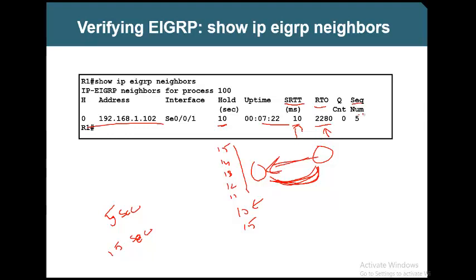These are the sequence number and count, not necessary. What is more important here is the hold time. I always come here and verify whether the hold time is 10 or in between 10 to 15. If it goes less than that, then it is not getting a hello packet, and the neighbor will disappear. This is one of the verification commands: show ip eigrp neighbor.